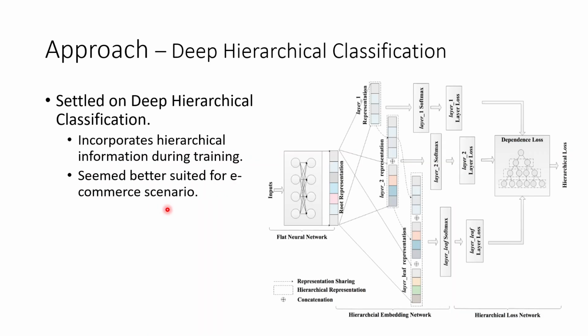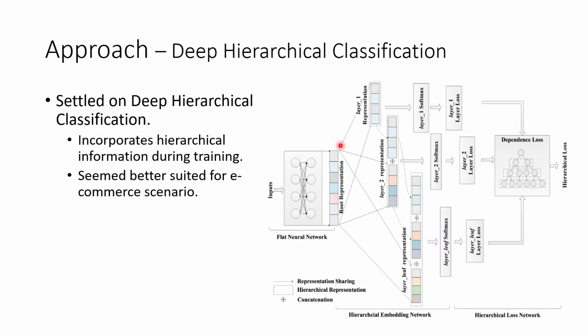So for the first part, we used, again, deep hierarchical classification. The reason that I chose this model was because it incorporated hierarchical information during training. Since that was what we had access to in the training set, we had 3 levels of hierarchical labels, so it seemed appropriate, and it seemed better suited for an e-commerce scenario.